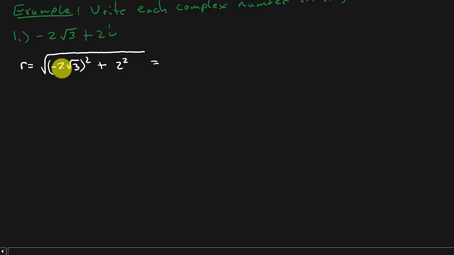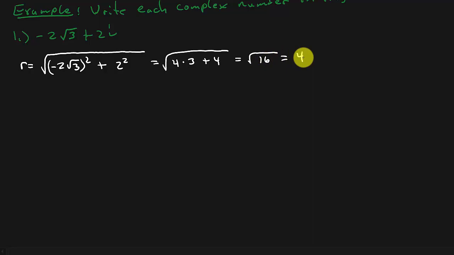Well, -2 squared is 4. Square root of 3 squared is 3. See, all I do here is I square the -2, and then I square the 3, and then I multiply them together. And so that's the square root of 12 plus 4, which is 16, which equals 4. So there's r.